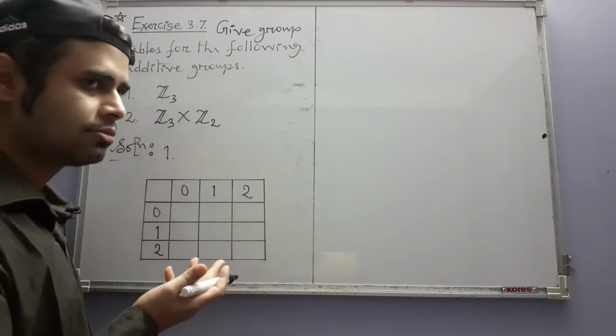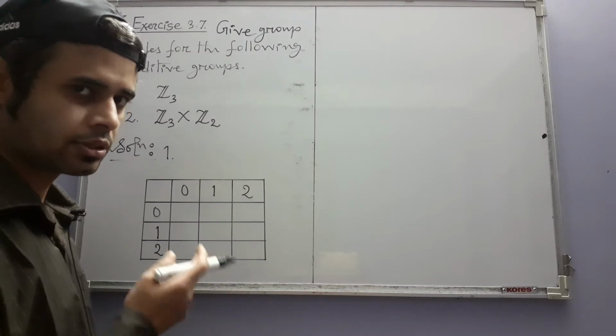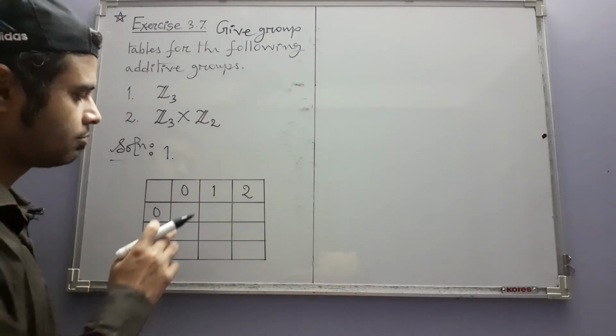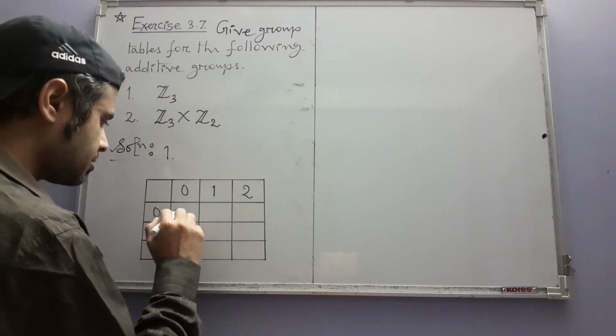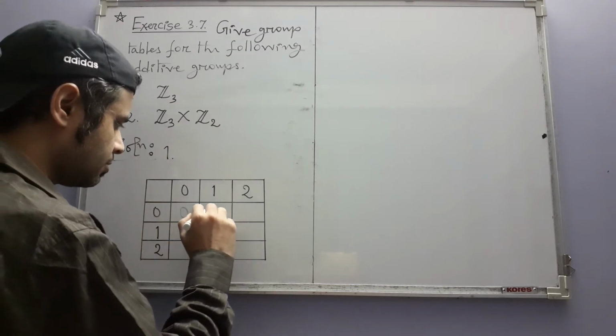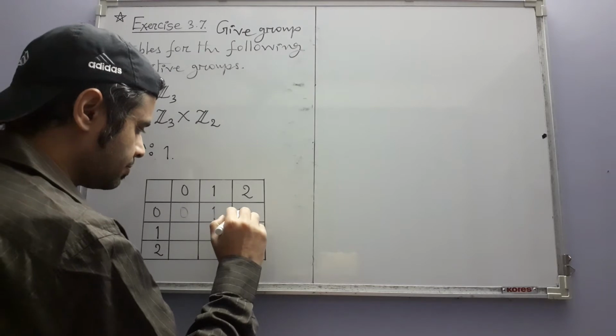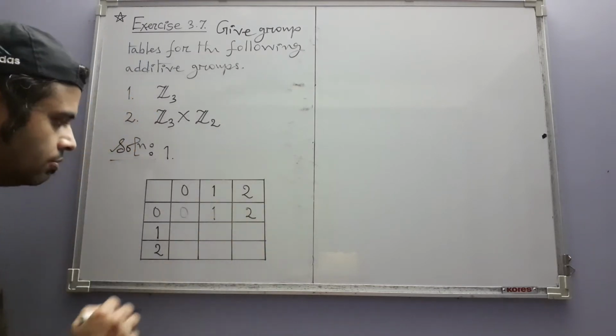So that itself will be the remainder when you divide that by 3. That is why 0 plus 0 is 0, 0 plus 1 is 1, 0 plus 2 is 2.